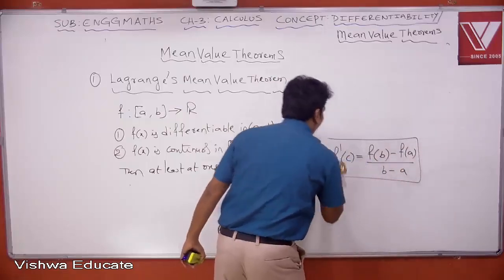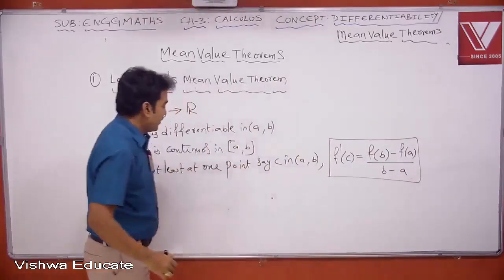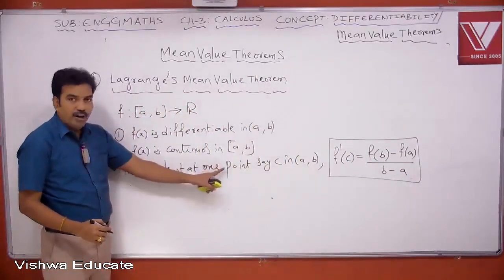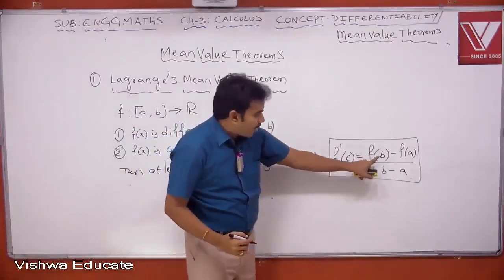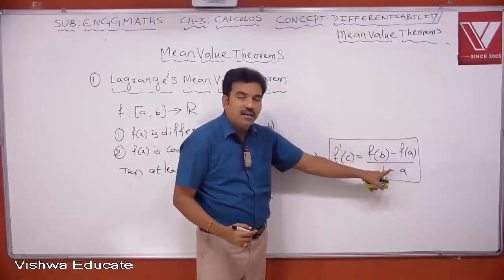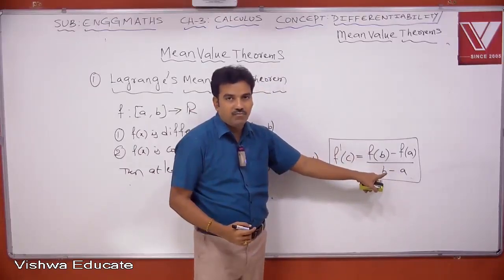This is the conclusion of Lagrange's mean value theorem. So at least at one point c in open interval (a, b), the derivative looks like this: (f(b) - f(a)) / (b - a), right?